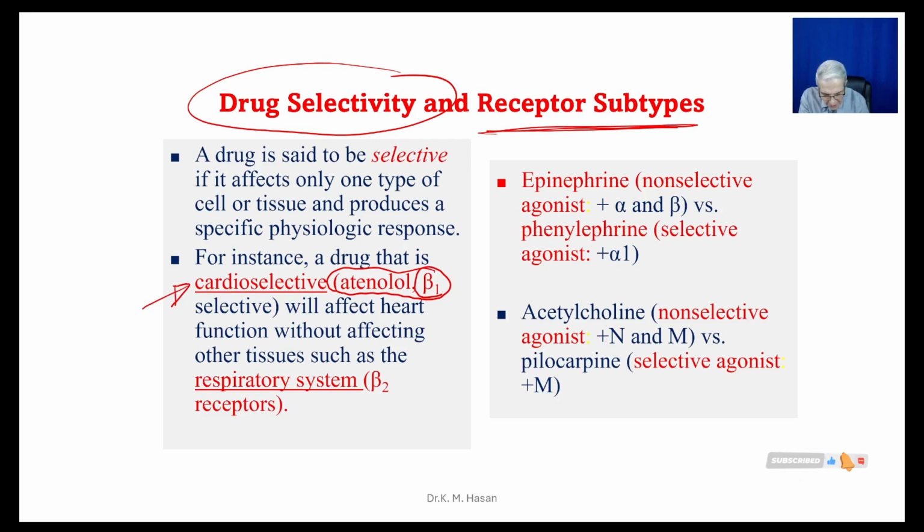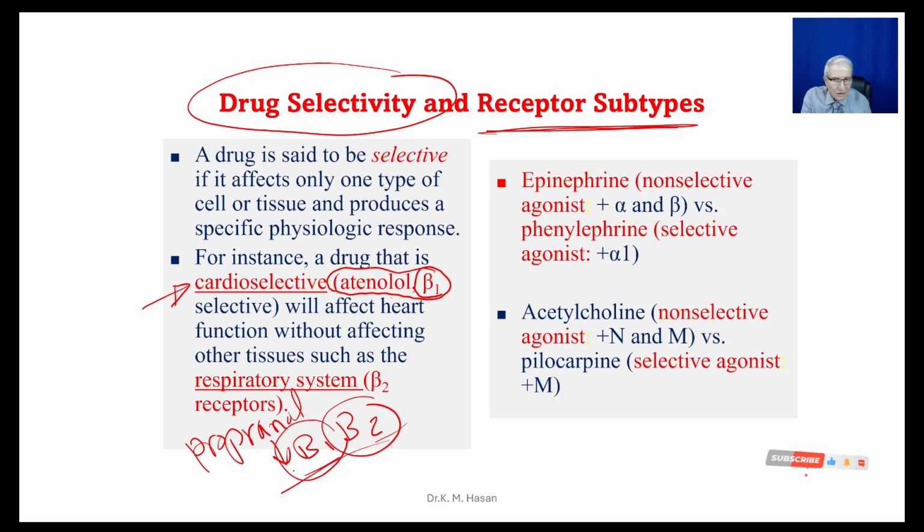On the other hand, if you think about propranolol, it blocks beta 1 and beta 2. In this case, beta 1 is in the heart, beta 2 in the lung. This medication is not selective. So propranolol is a non-selective beta blocker. On the other hand, atenolol is a selective beta blocker. So we need to take this into consideration. And in practice, we prefer to use selective cardiovascular medication for patients suffering from angina, for example.